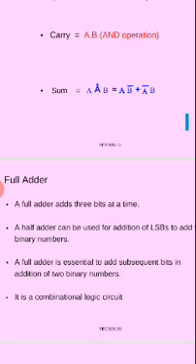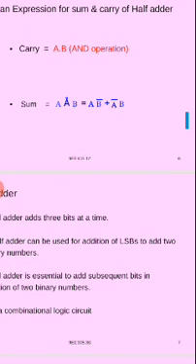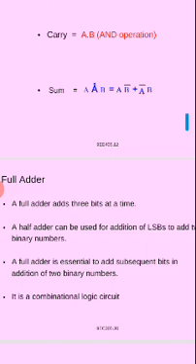Full adder. A full adder adds 3 bits at a time. A half adder can be used for addition of LSBs to add two binary numbers.